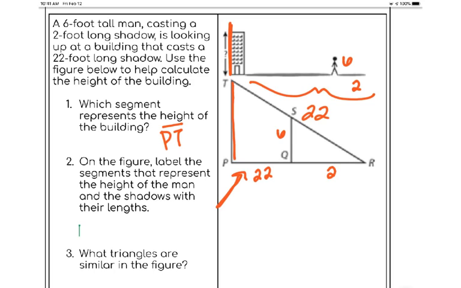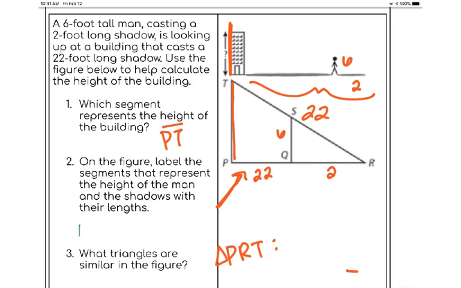Okay? So in this case, which triangles are going to be similar in this figure? So you may have said that the triangles that are similar are going to be triangle PRT. And the way that we show that they are similar is either by one squiggly line, or you can show it using a colon.